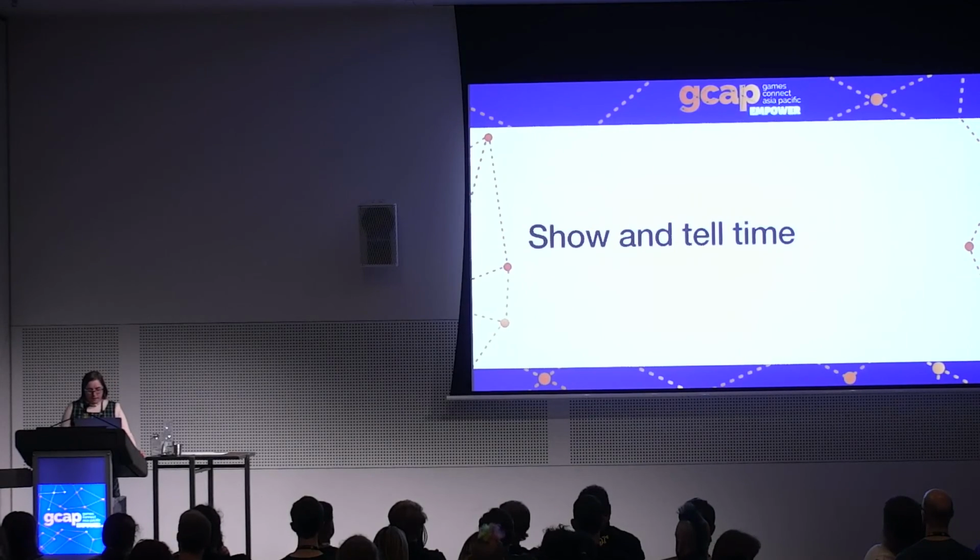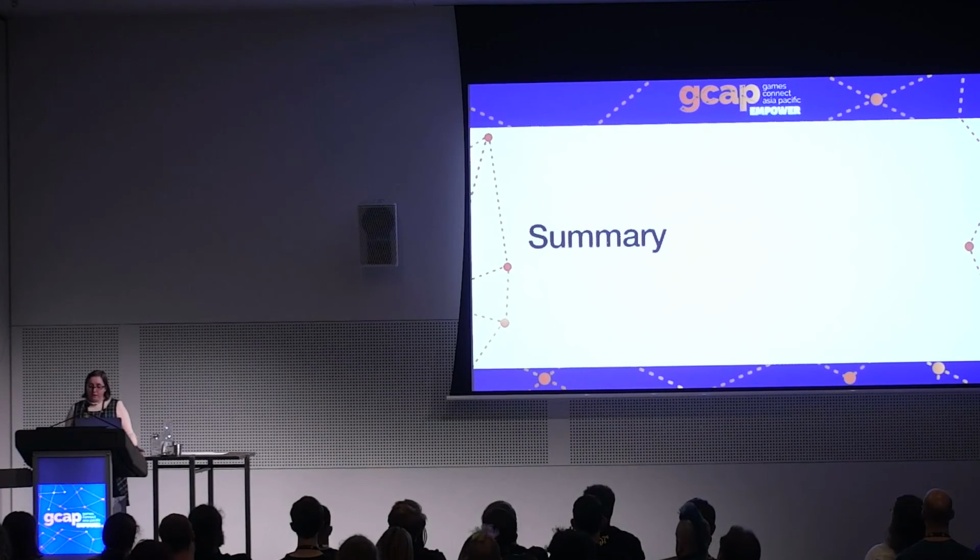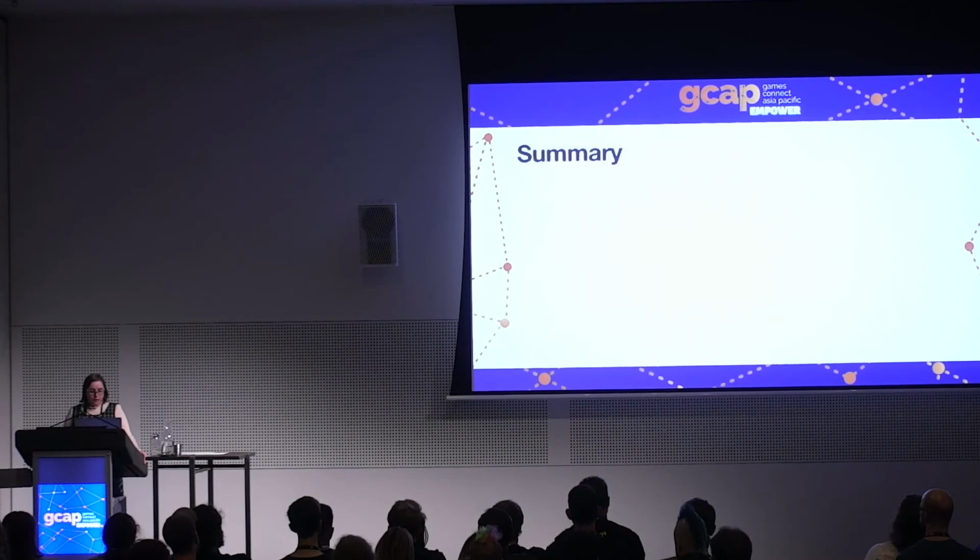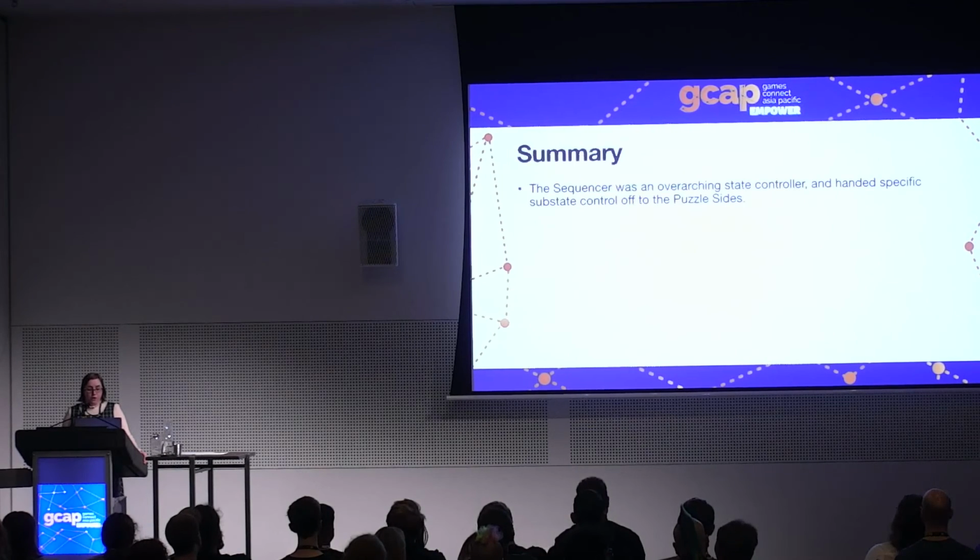Okay. This is basically everything that I did want to cover in the puzzle sequencer, but I'm going to reiterate some of the main points. The sequencer itself was an overarching state controller which handed specific substate control off to the puzzle sides.